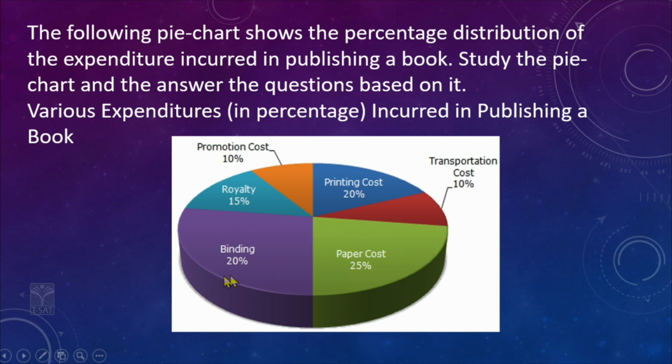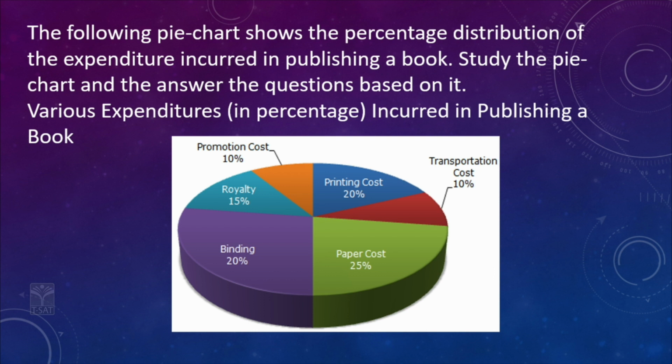To bind the book, binding cost is there. For the writer, we have to give the royalty. So royalty cost is there. For promotion of the book, cost is there. So if the publisher wants to publish a book, he has to spend on so many things here.